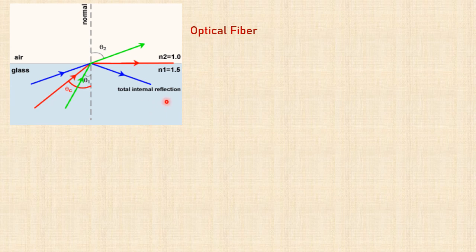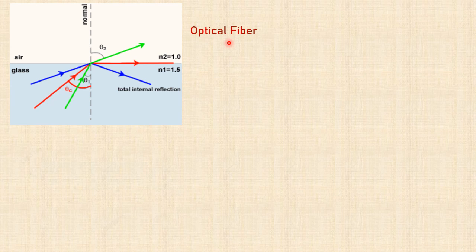Remember, total internal reflection is the main principle in the working of an optical fiber. Today all the high speed communication we have is just due to fiber optics communication.